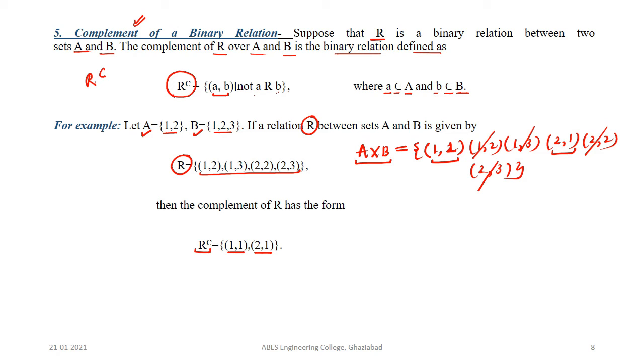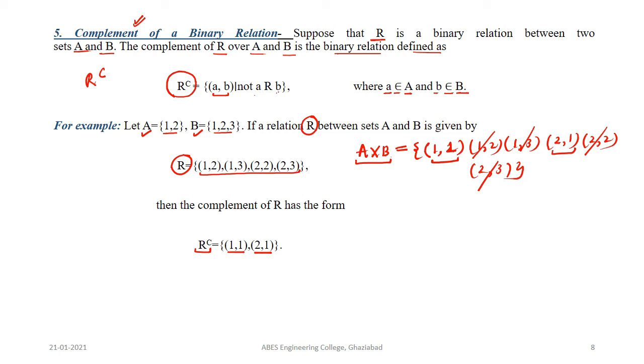So for finding the R complement, first we have to find the A Cartesian product B. A Cartesian product B will consist of all the possible ordered pairs. It will consist of (1,1), (1,2), (1,3), (2,1), (2,2) and (2,3).